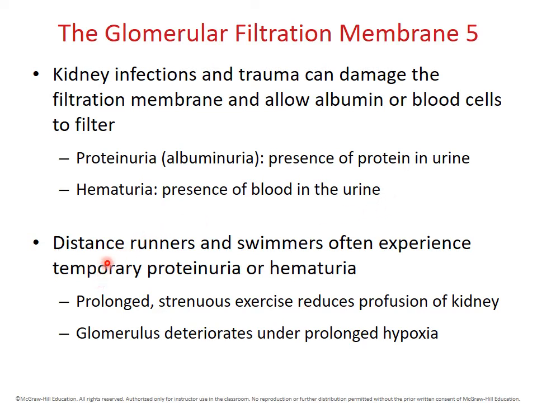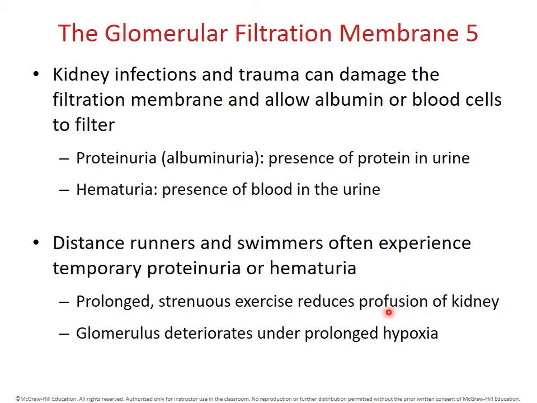Sometimes you see temporary episodes of proteinuria or hematuria in endurance type athletes because of the strenuous exercise. They send so much blood to their muscles for such a long period of time that the kidneys experience prolonged episodes of reduced perfusion. Apologize for the typo there, perfusion.